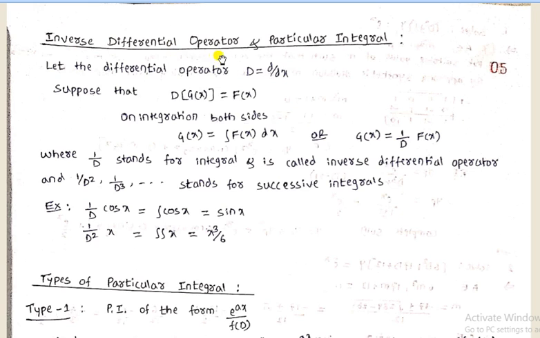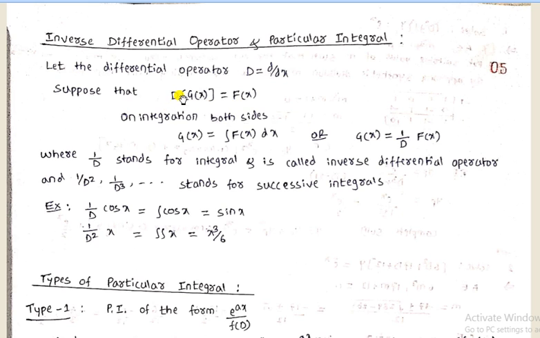Inverse differential operator and particular integral. Let the differential operator D be equal to d by dx. Suppose that D of g of x is equal to f of x. Now we integrate on both sides.